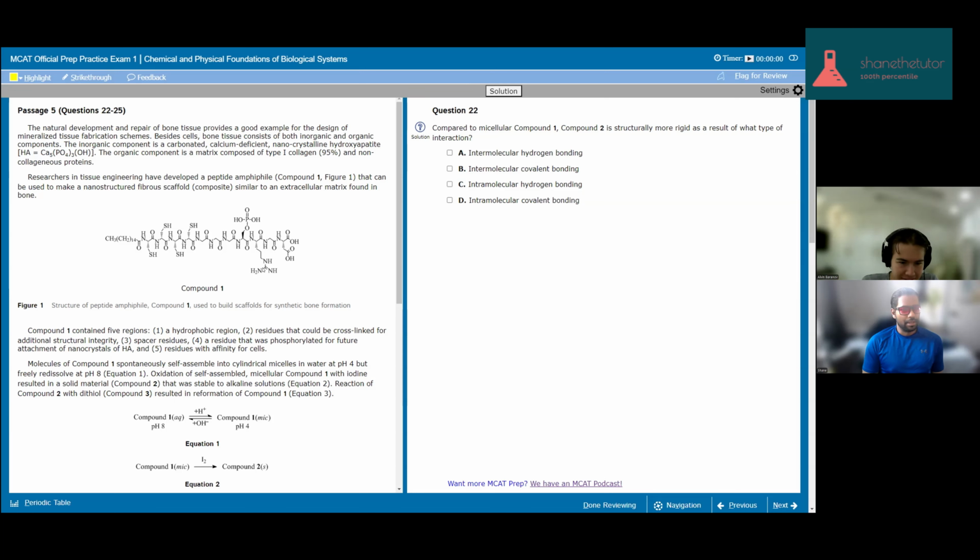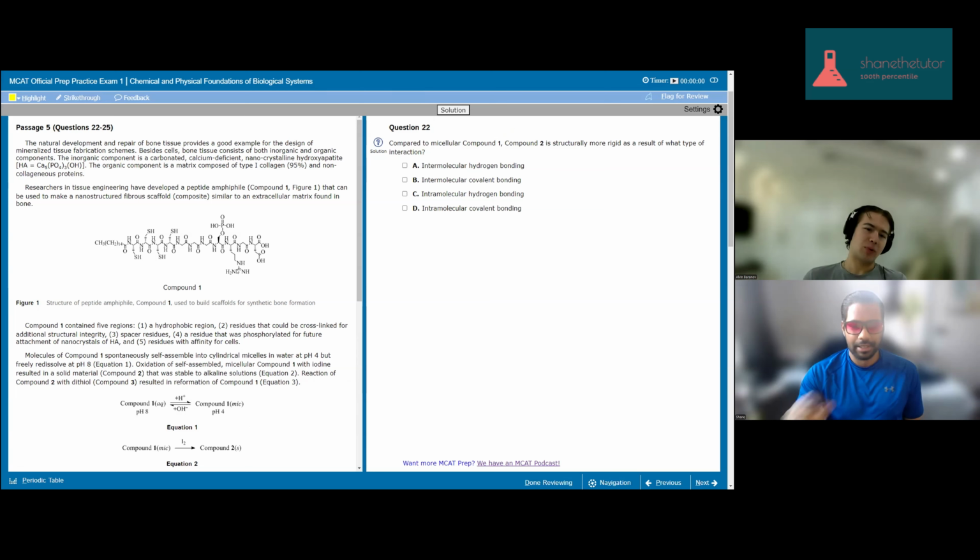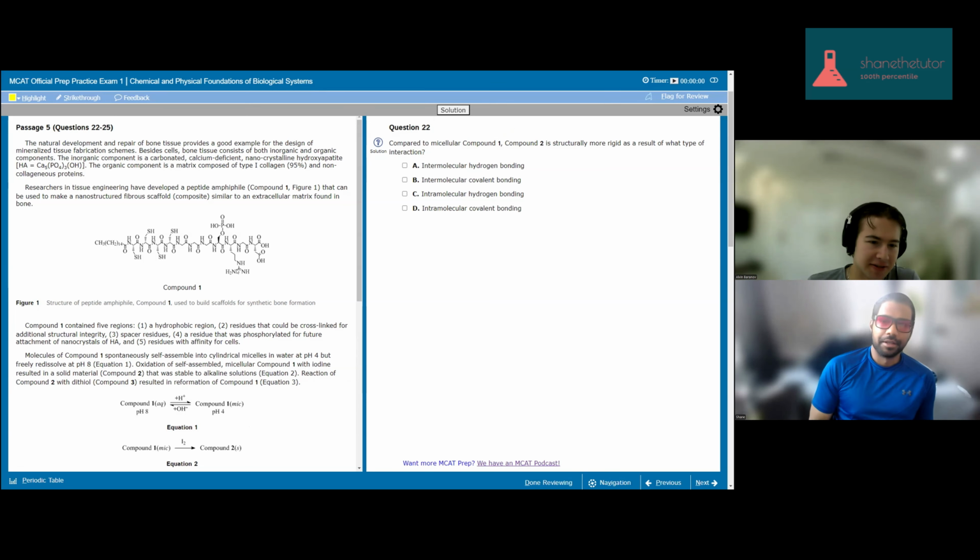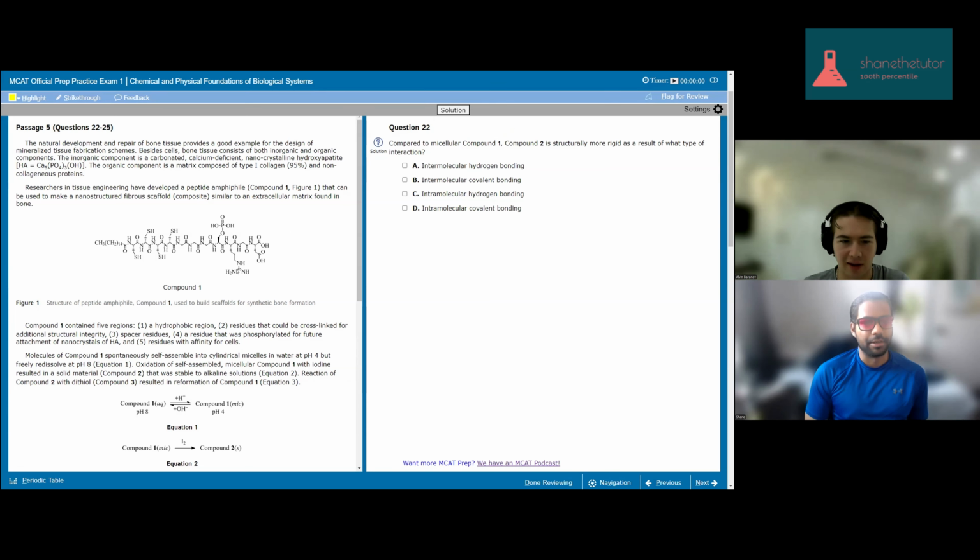So when you see the thiol groups, what do you think might happen with them, possibly? When I hear the word thiol, right away I hear disulfide bonds. Exactly. So that's a possibility. What else do you see?